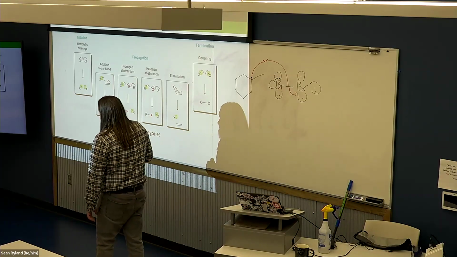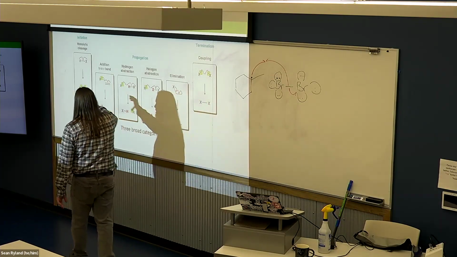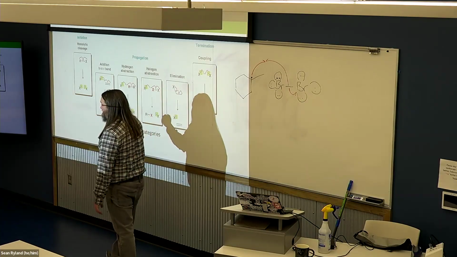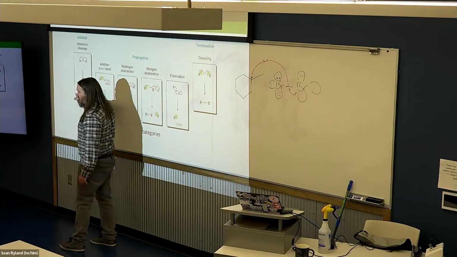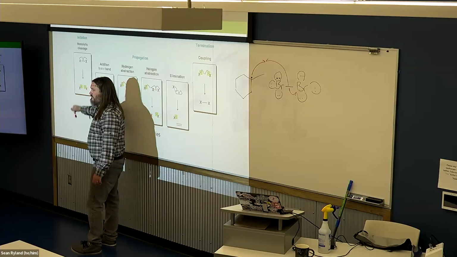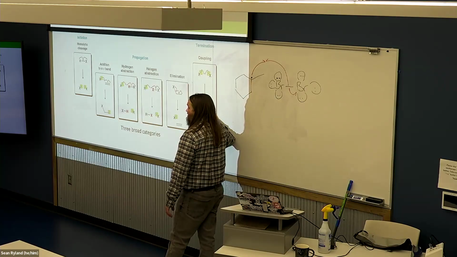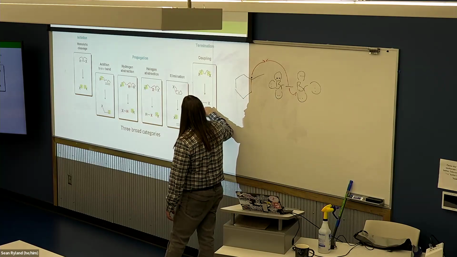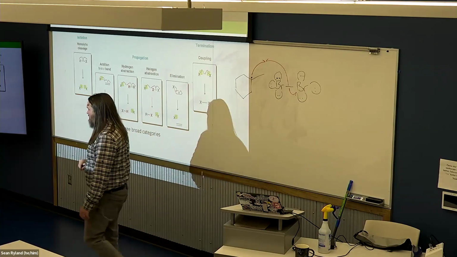For the most part, when you draw a mechanism for a free radical reaction, you have to have all three types of steps. Because you can't have a free radical reaction if you don't have something to start it off. And then at the end, when you start running out of things to react, that increases your probability that you get two free radicals reacting with each other.